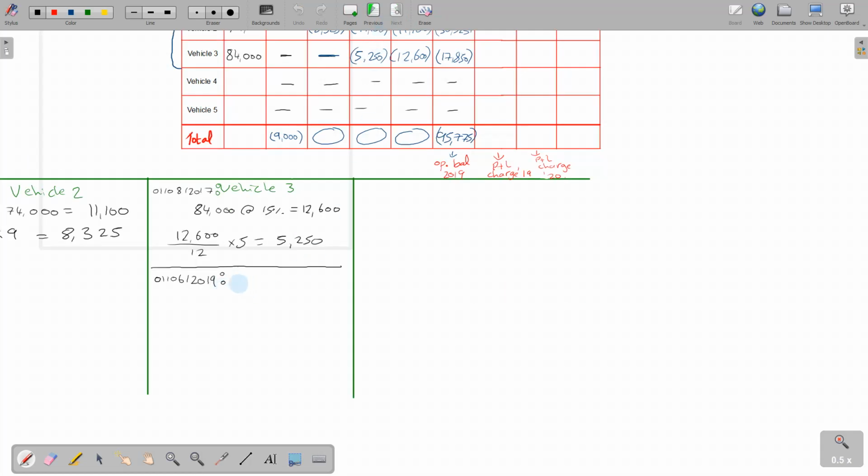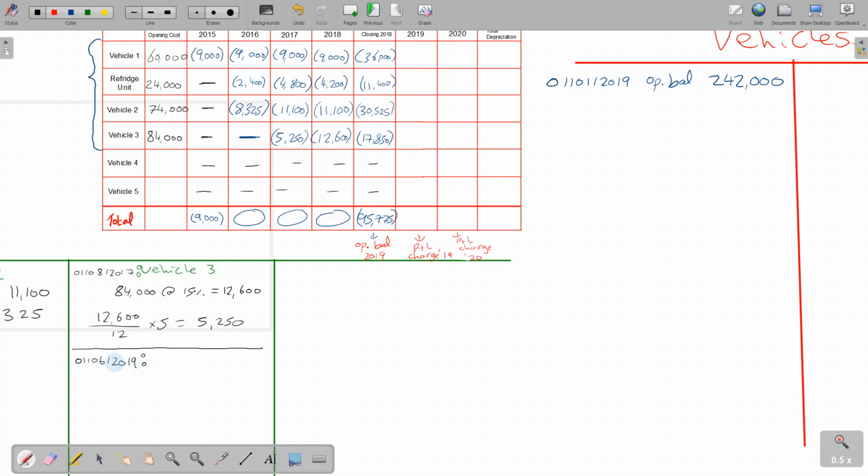So essentially, the van crashed on the 1st of 6th, 2019, so that's when we're getting rid of it. So it had accumulated 5 months depreciation. We've already actually got it, because we bought it on the 1st of the 8th, which was 5 months depreciation.